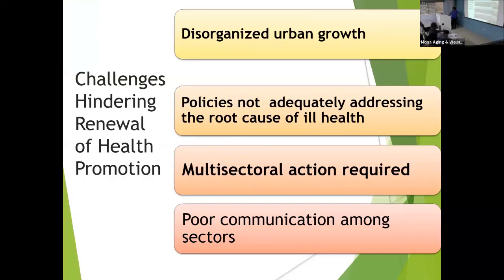Disorganized urban growth. Everybody wants to be in Kingston, and now they're just putting high rises in areas that were not originally accepted for high rises. So you're having a high rise next to your normal flat house. So you don't have any privacy anymore. No privacy.